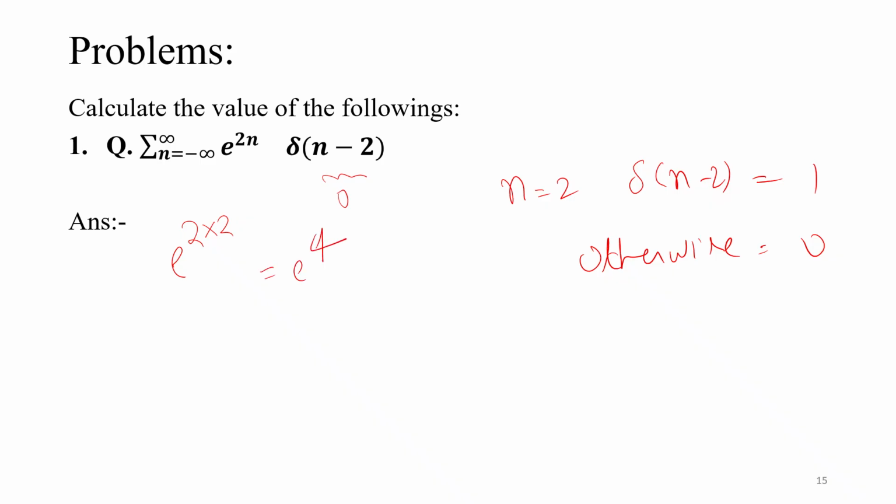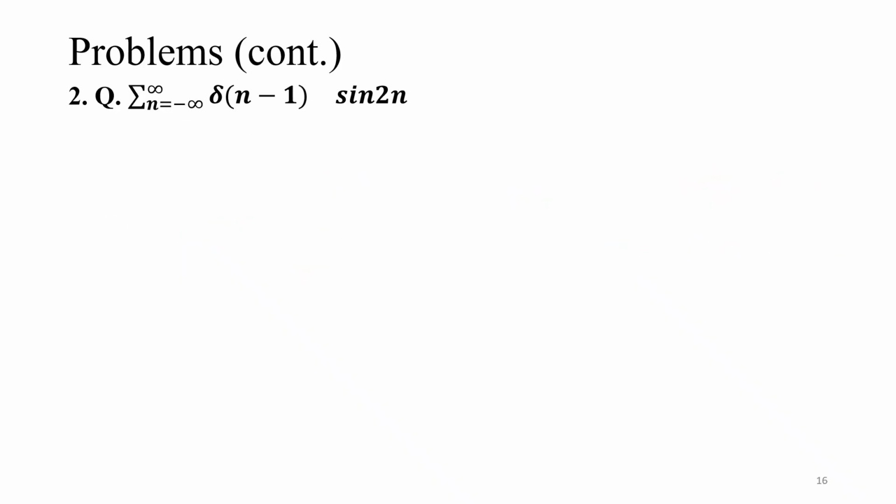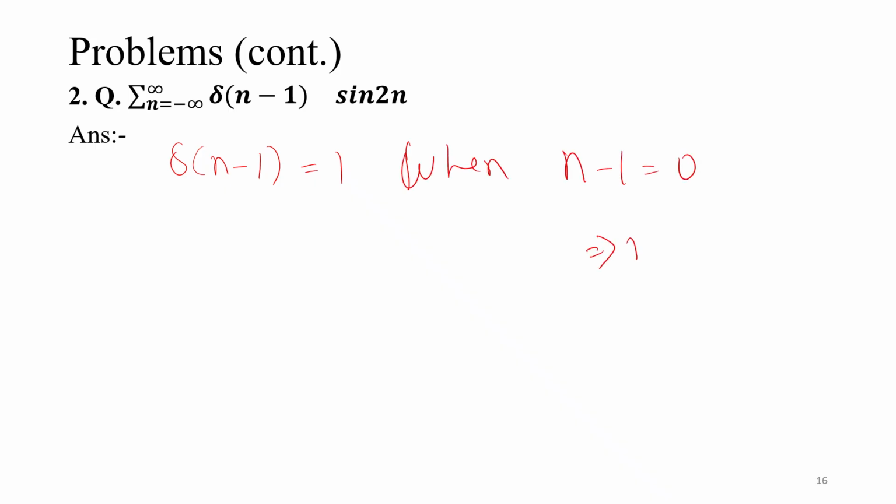Next one is del of n minus 1 sine 2n. Del of n minus 1 is equal to 1 when n minus 1 equal to 0, which implies n equal to 1. So when n equal to 1, if I put here, this will be sine 2 into 1, so sine 2.